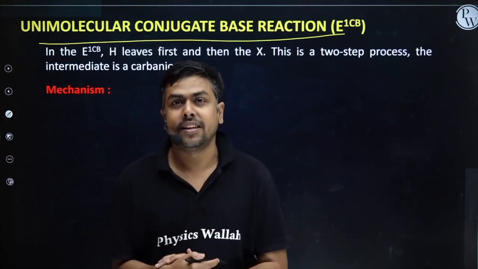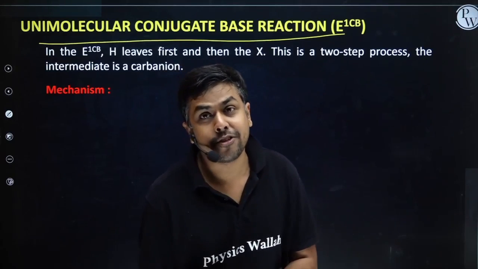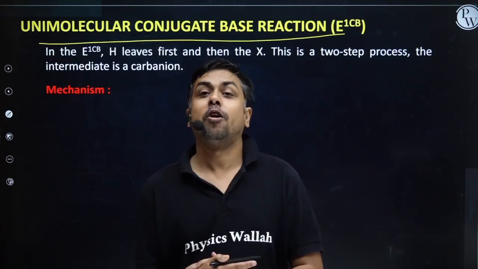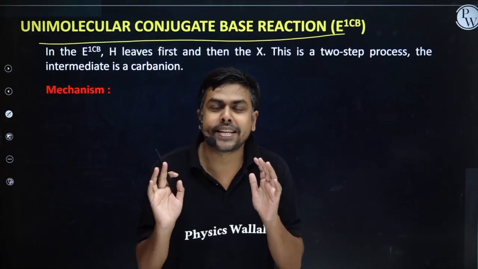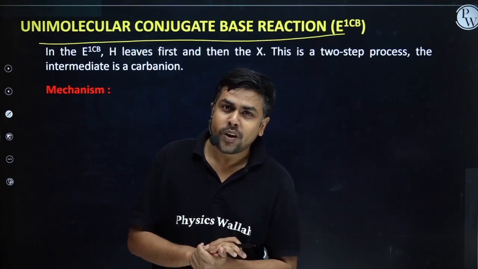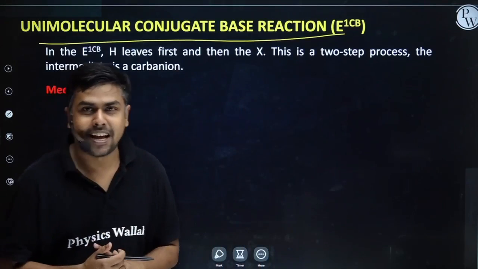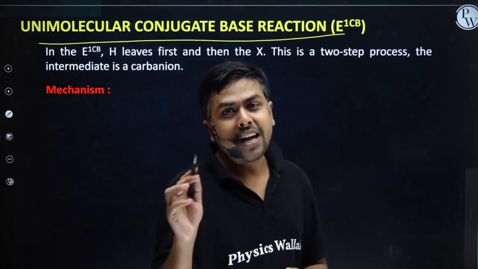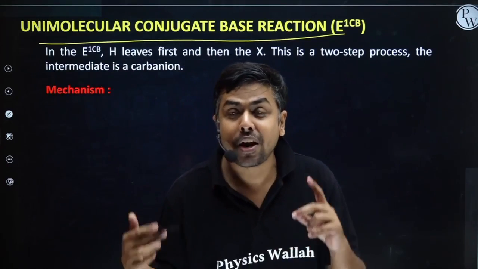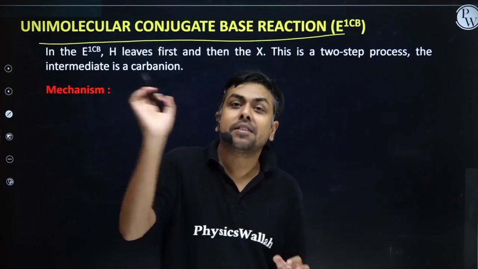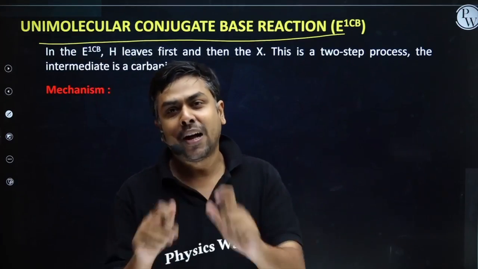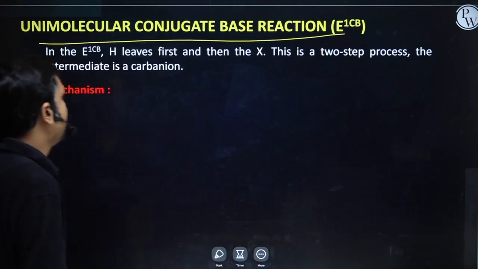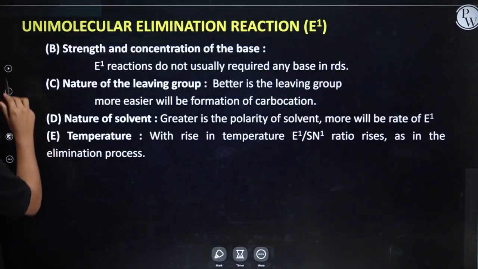So in the E1CB reaction, the first step is the formation of the conjugate base, or the carbanion. Am I clear? Okay. So if the E1CB reaction has to occur, the beta hydrogen has to be more acidic. Then only the base will easily snatch this acidic hydrogen at a faster rate. Am I clear, student? Basically, it's also a two-step process.